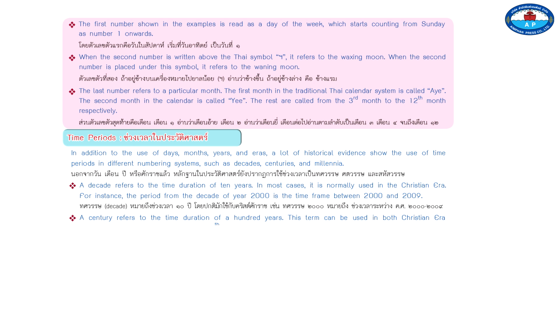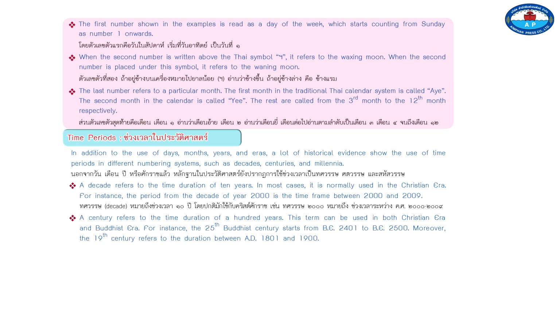A century refers to the time duration of 100 years. This term can be used in both Christian era and Buddhist era. For instance, the 25th Buddhist century starts from BE 2401 to BE 2500.